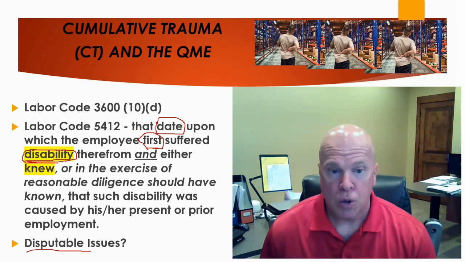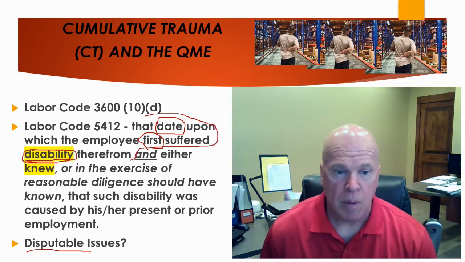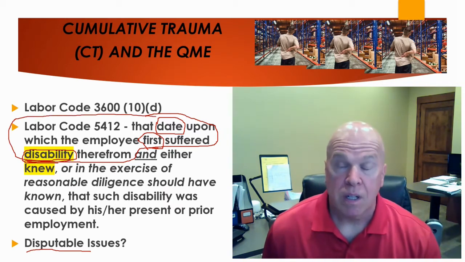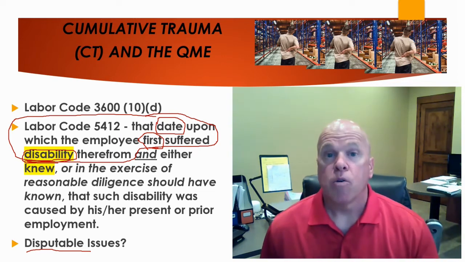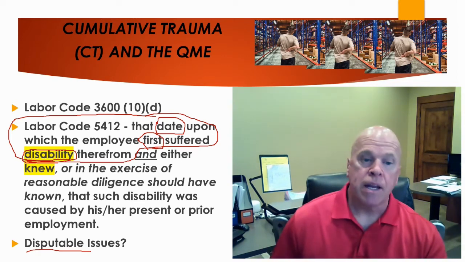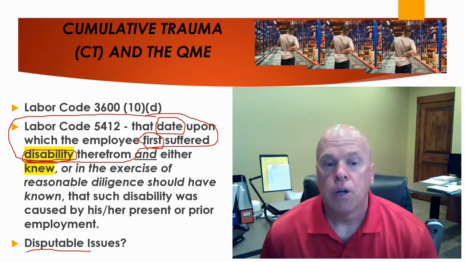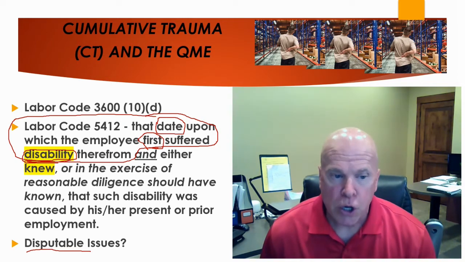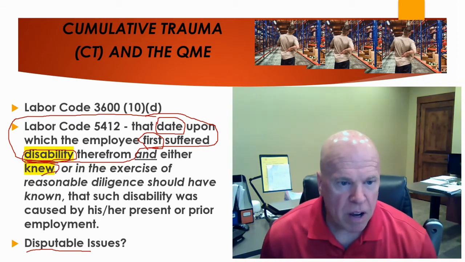Okay, so this first half of Labor Code 5412 has to deal with disability, the date of disability. Okay, so that's criteria number one. Now the second half of this code deals with knowledge. It says, and either knew, so this is an area of great dispute.